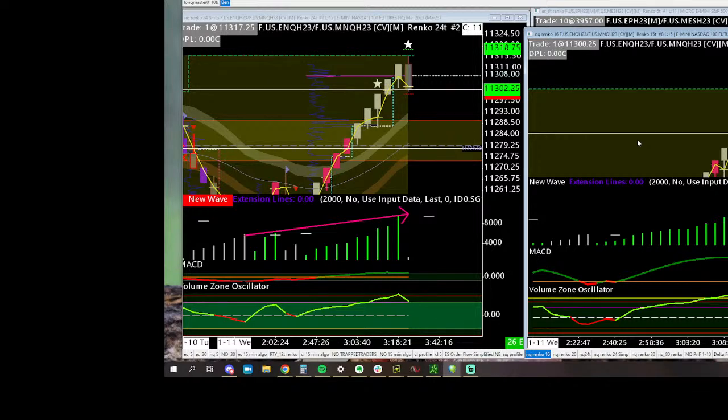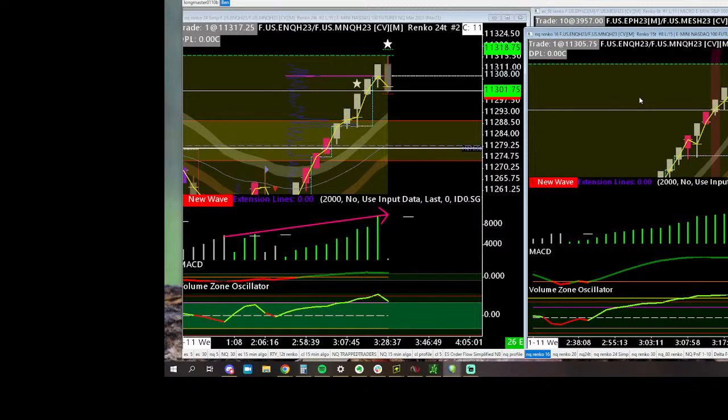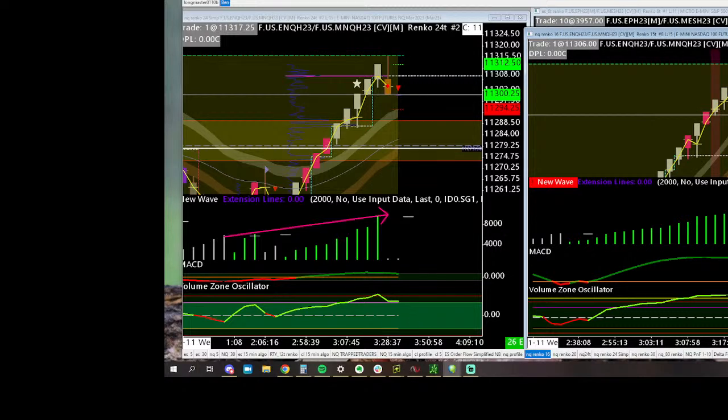It's already spent. It's not mine anymore. I'm willing to just give it up for the chance to bank those 10 points and have a massive runner for the risk of 10 points. Because if I can get one contract to run like 50 points on a 10-point risk, whew, that's powerful stuff.